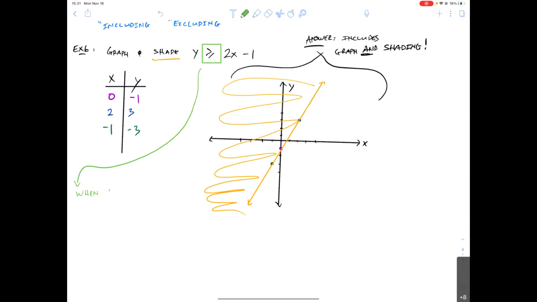When an inequality has equal, the graph is a solid line.